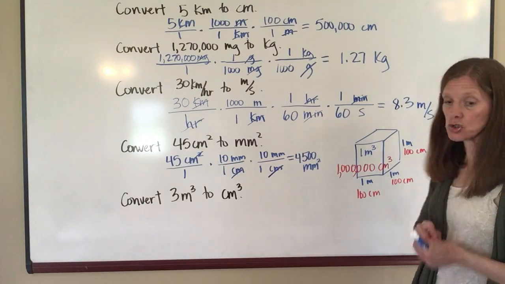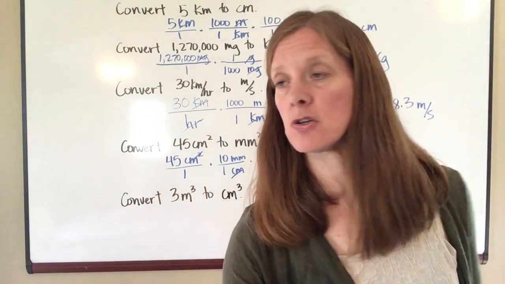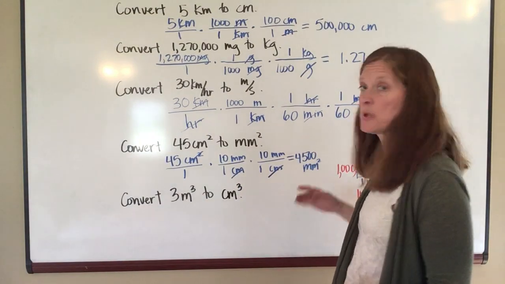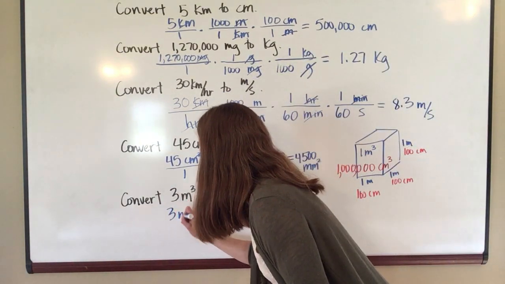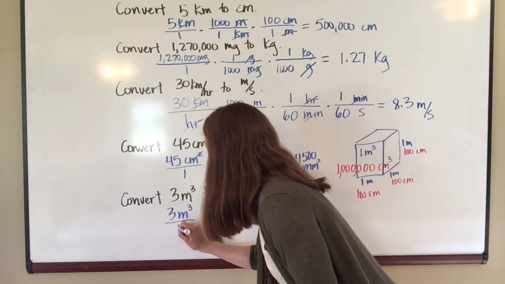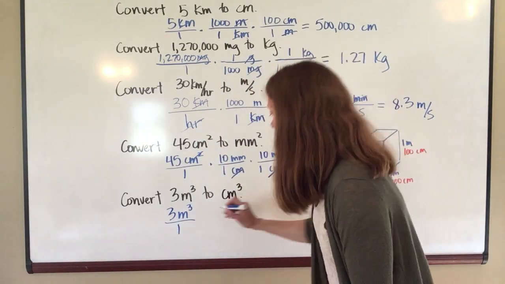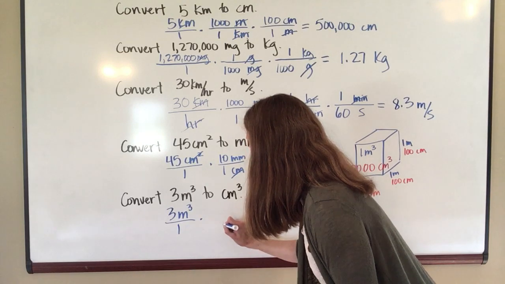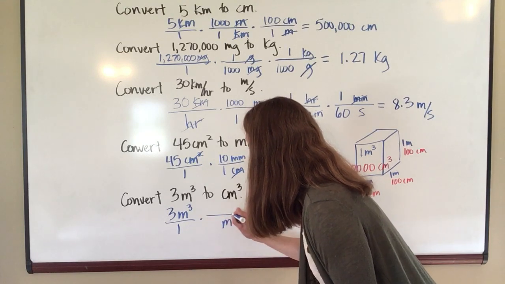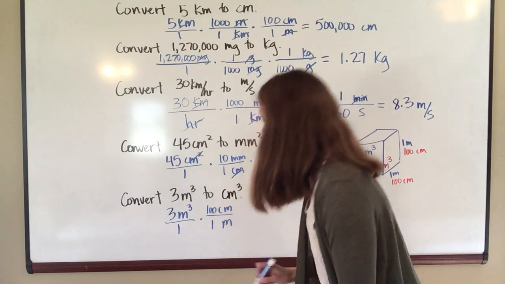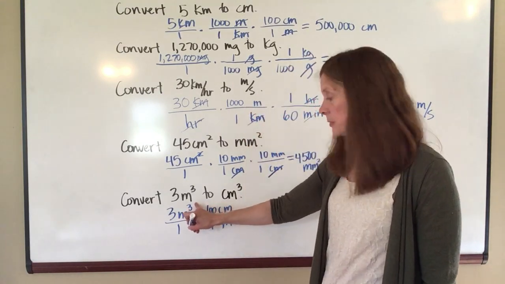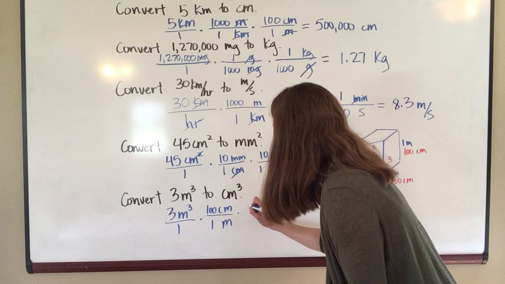Okay? So again, don't fall into the trap that you can just use the same conversion factor that you've been using, because it won't work. So if I have 3 cubic meters and I put it over 1 and I'm converting it to centimeters, meters still goes on the bottom, centimeters still goes on the top, and in 1 meter there's 100 centimeters, but there's 3 of them up here. So that means I have to put 3 of them on the bottom.